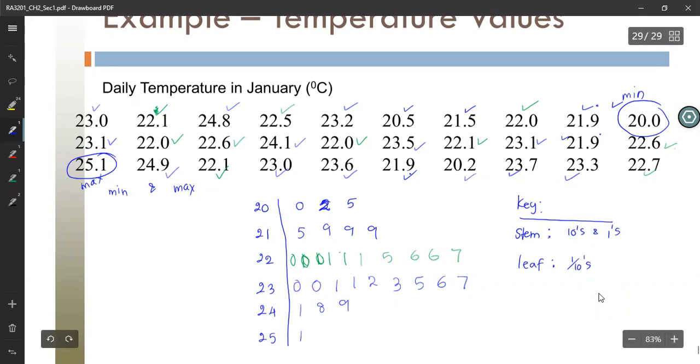Finally, 25.1. Okay, so you have 10 values here.